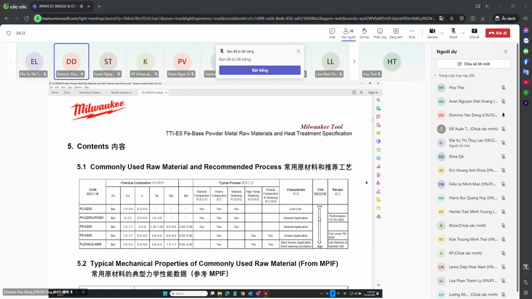This is a list of the commonly used raw materials for powder metal. In the previous 30 minutes, I just introduced the heat treatment processes. It doesn't have any specific differences by raw material processing method.